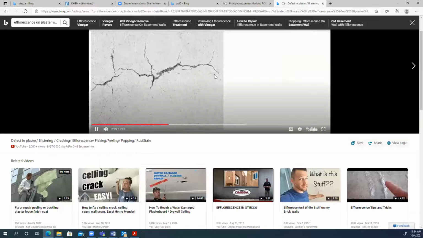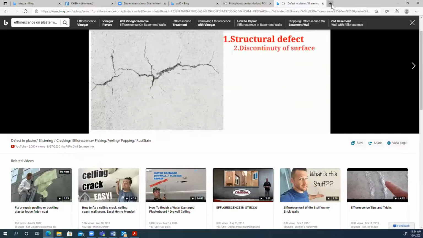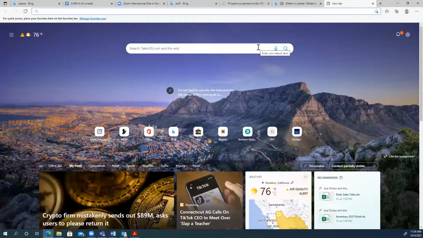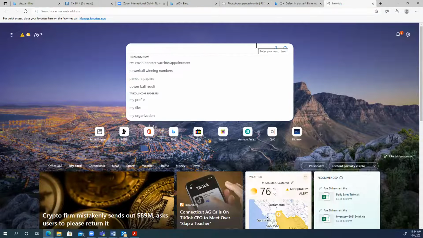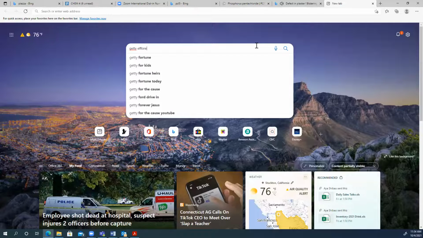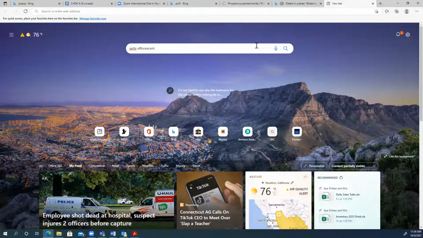And this happens in ancient architecture. I went to the Getty Museum, and they have a lot of research, and not only are they trying to protect paintings and that kind of stuff, they're also trying to protect ancient architecture. Let me see if the Getty has any information on their efflorescent project, which I went to a presentation on.